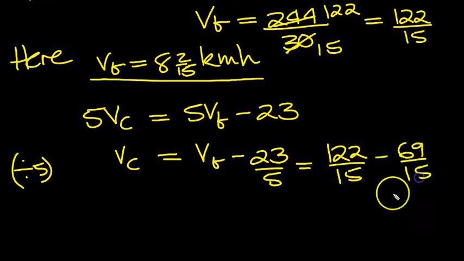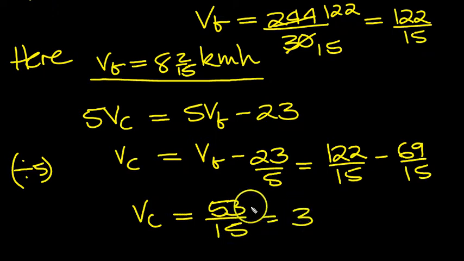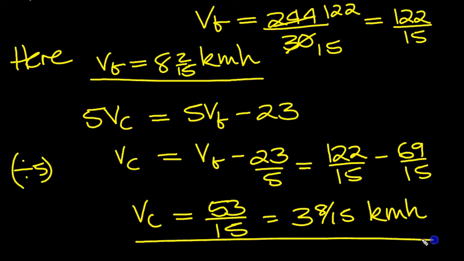Scale that up by 3. So VC then equals 122 take 69 is 53, so 53 fifteenths, which is 3 and 8 fifteenths kilometers an hour. So that's the velocity of the current, and this is the velocity of the boat. Good.